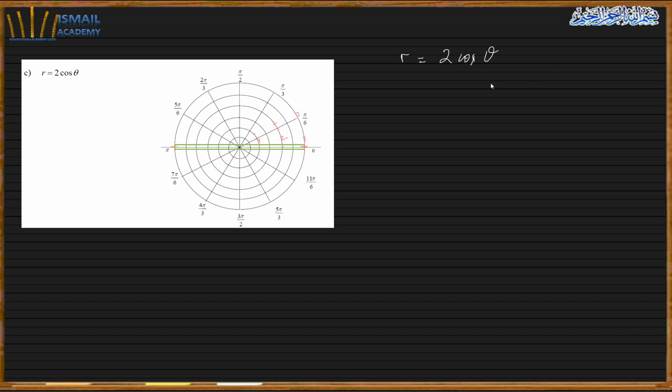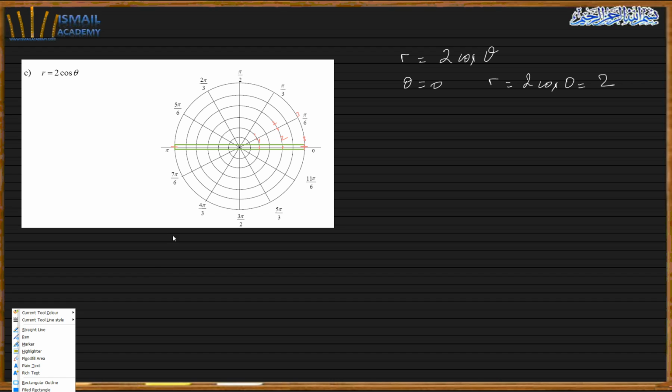So for theta equals 0, r will be 2 cosine of 0, which is 1, so it's going to be 2. That means the first point will be here. This is for cosine of 0.